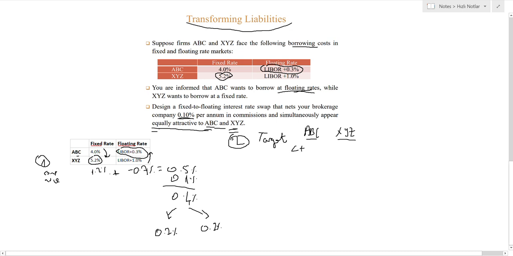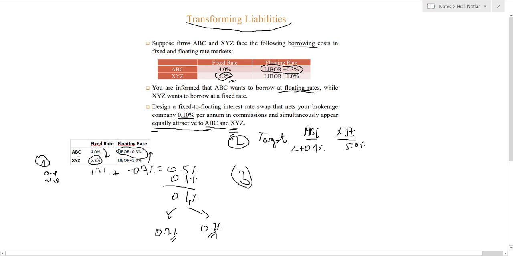For the ABC company, our capacity to improve is 0.2%, so we will target LIBOR plus 0.1%. For XYZ company, we have 0.2% capacity to improve, and we will target 5%, because at the end of the day, XYZ company wants a fixed rate borrowing cost, and ABC company wants a floating rate borrowing cost.